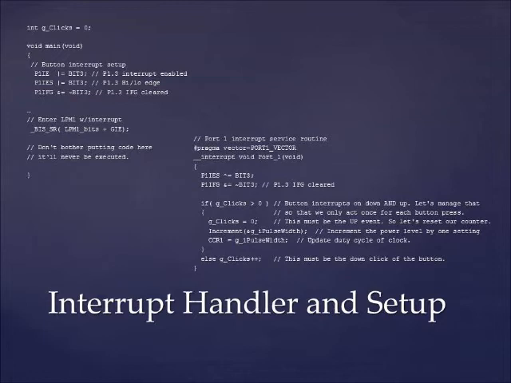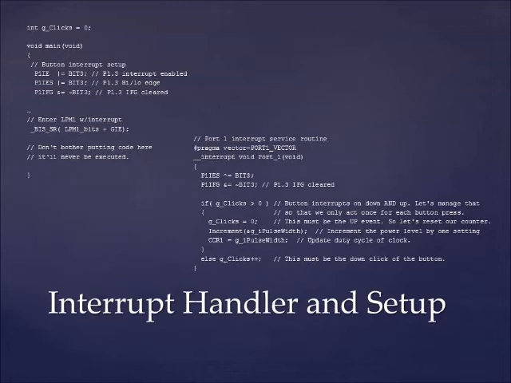So this is the interrupt handler and setup code. There's a few lines of code that need to go into your main function to set up. In this case, port 1.3 is where our button is.